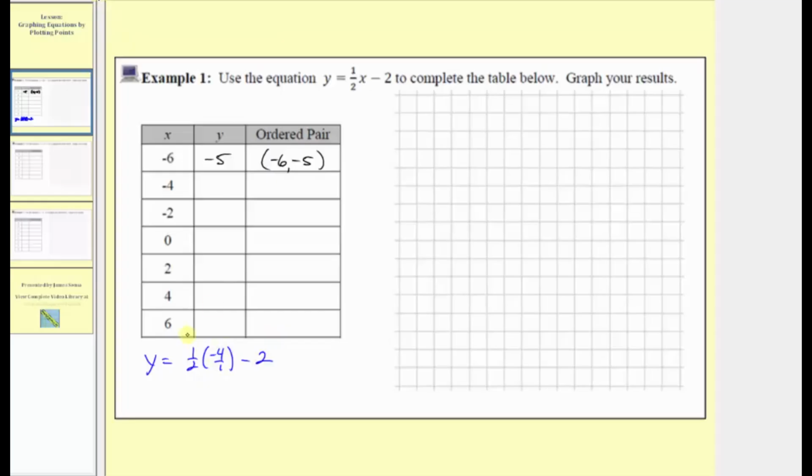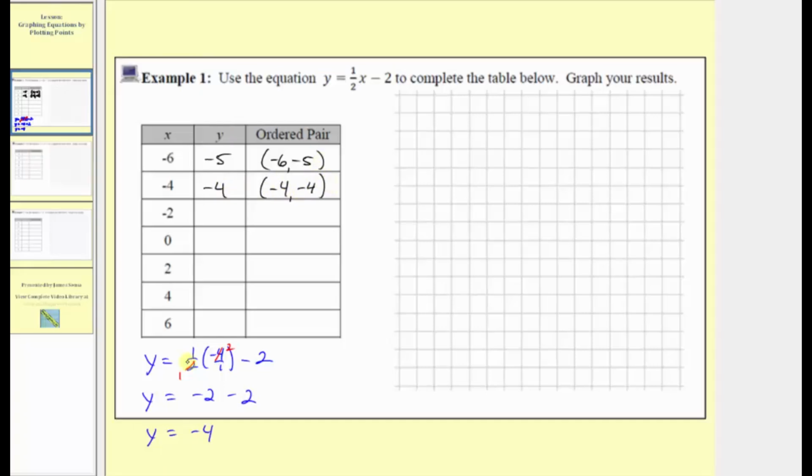Again, we have a common factor of 2 here. There's 1, 2, and 2, and 2 2's in 4. So we have y equals 1 times -2, which is -2, minus 2. So we have y equals -4. So when the input is -4, the output is also -4. So the ordered pair is -4, -4.